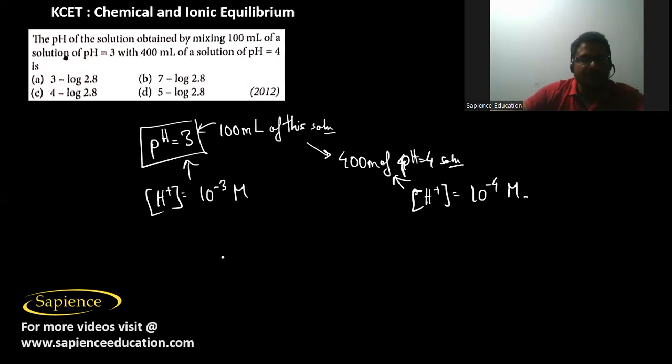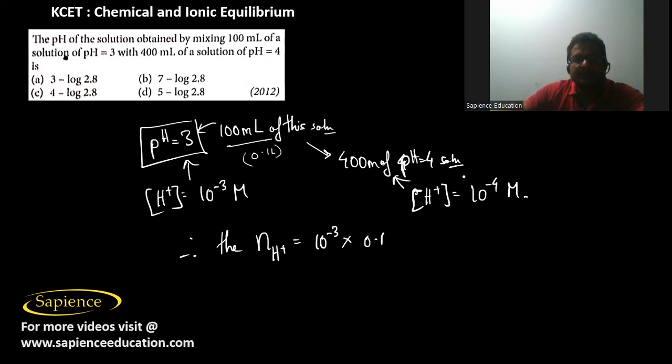So now the total number of moles of H plus ion that will be obtained: that is M1 into V1, so 10 power minus 3 into 0.1 liter, plus, 400 ml means 0.4 liter, 0.4 into 10 power minus 4.